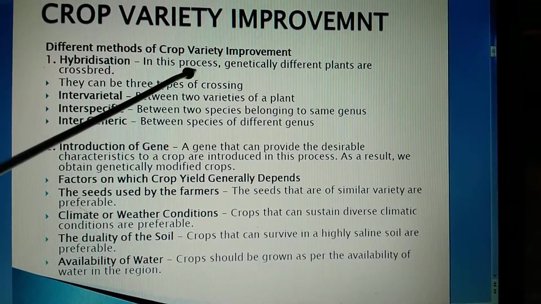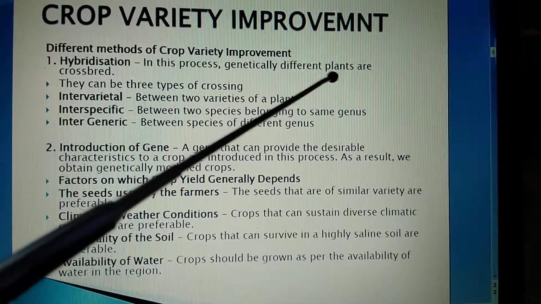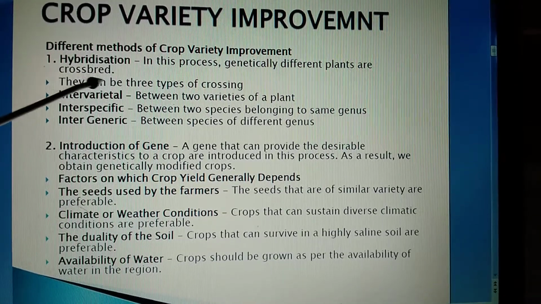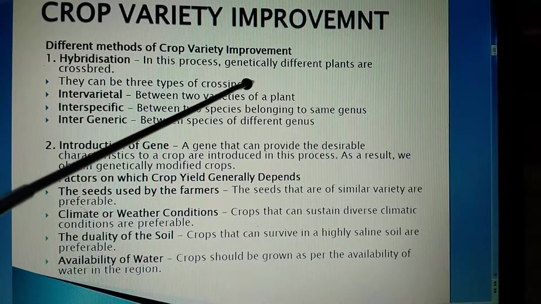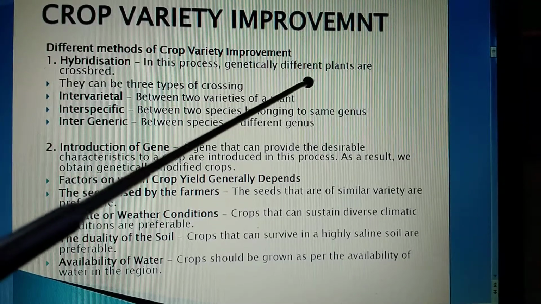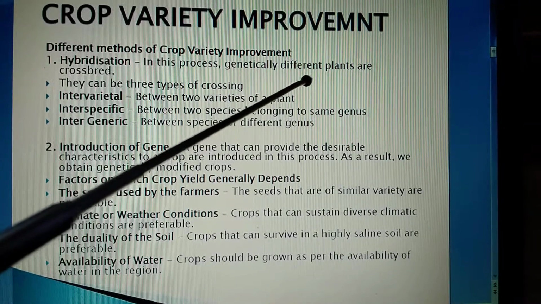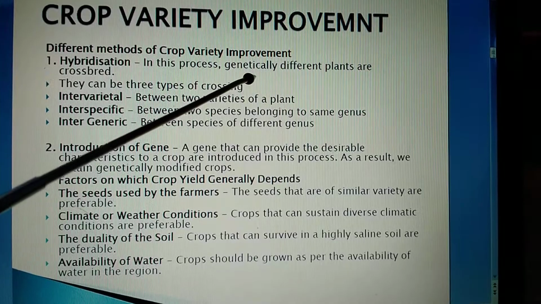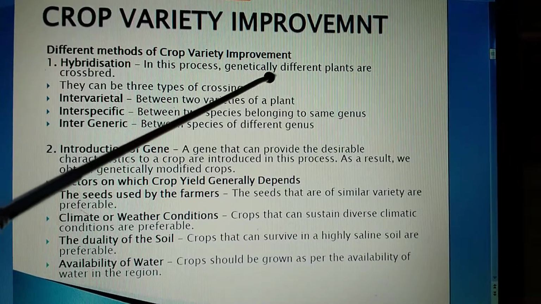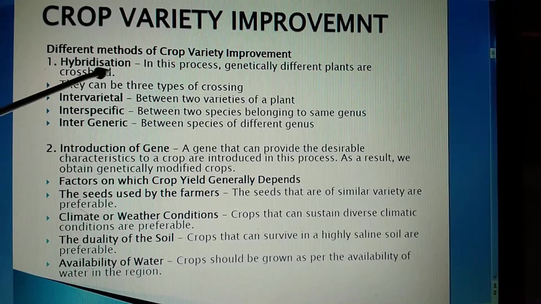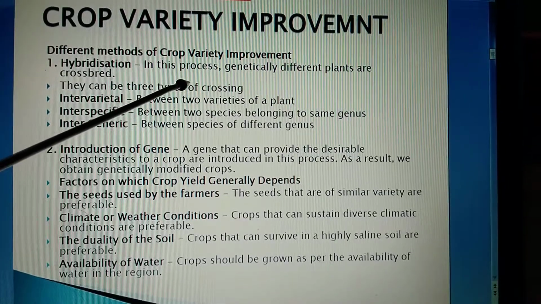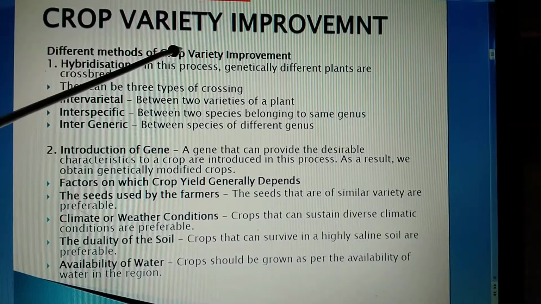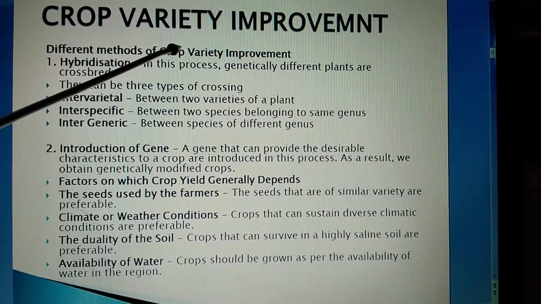Hybridization is a process in which genetically different plants are crossbred, which means that in this process we are taking two different plants where there is a need of our desired product. When the genetically different plants are crossbred, we can obtain our desired product and the variety of the crop will be improved.